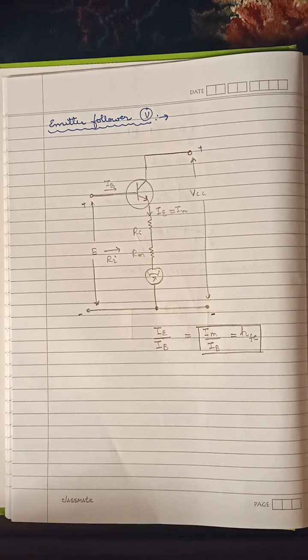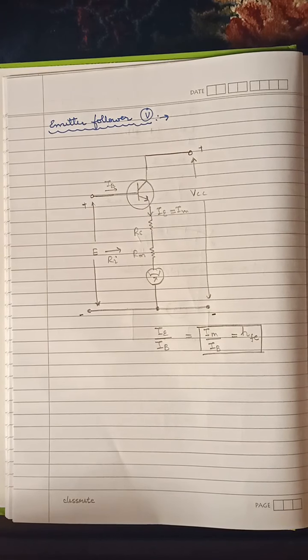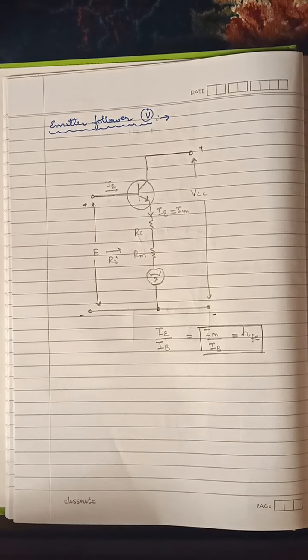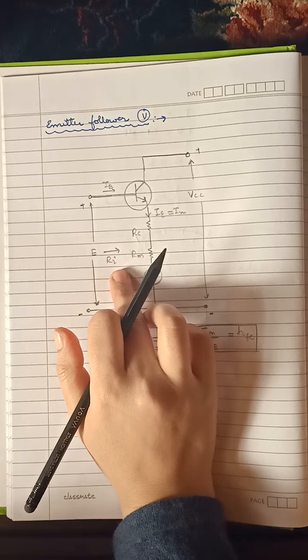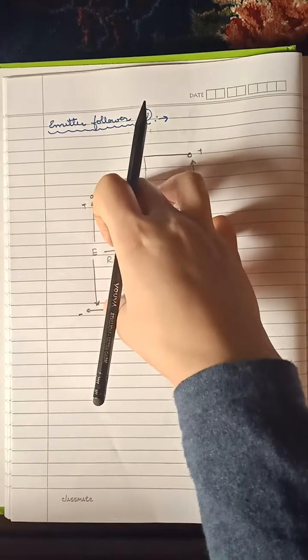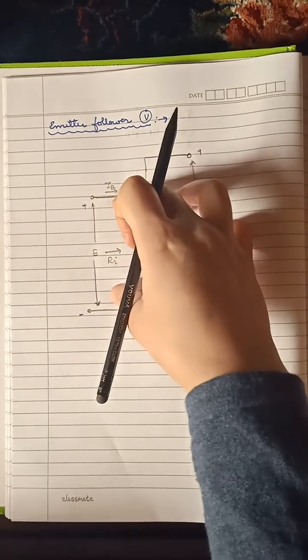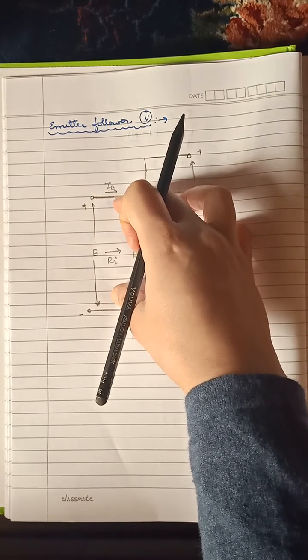Also, if I have to find out the input impedance, how are we going to visualize that? It is the voltage we have here divided by the resistance we are looking at.